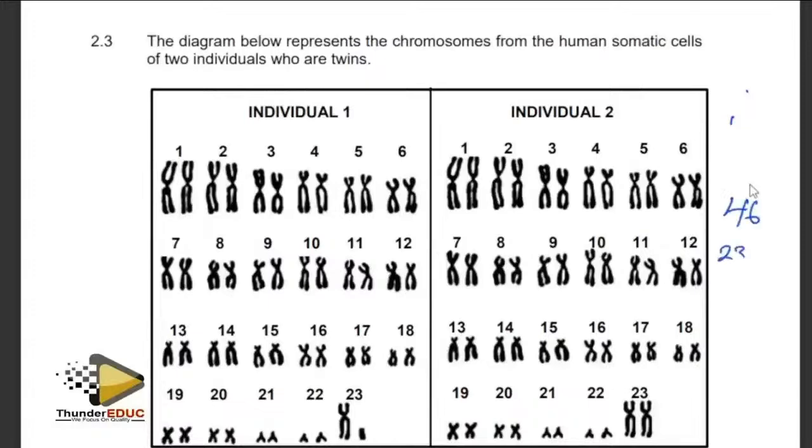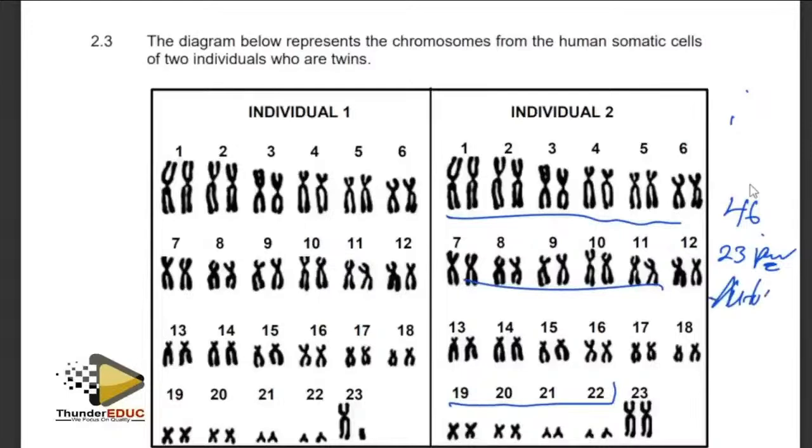46 or 23 pairs. Don't say 23, because if you just say 23 without writing the word pair, it is wrong. It's made up of 23 pairs of chromosomes. From pair number 1 to pair number 22 is called autosomes. You see, now you're describing a karyotype. The 23rd pair is gonosome or sex chromosome.